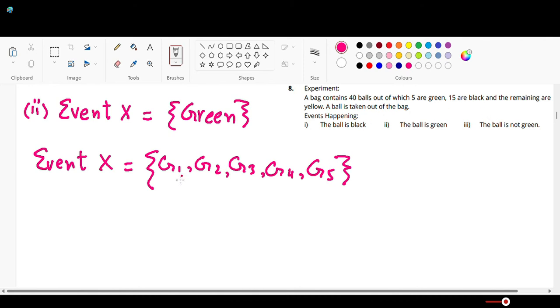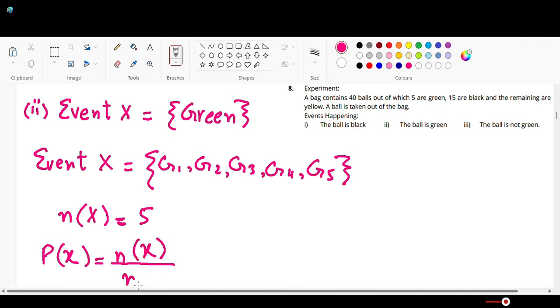This is the set of green balls. These are the only green balls. They can be G1, G2, G3, and the number of green balls is equal to 5. So the probability of event X taking place is equal to the number of elements in event X over the number of elements in the sample space.